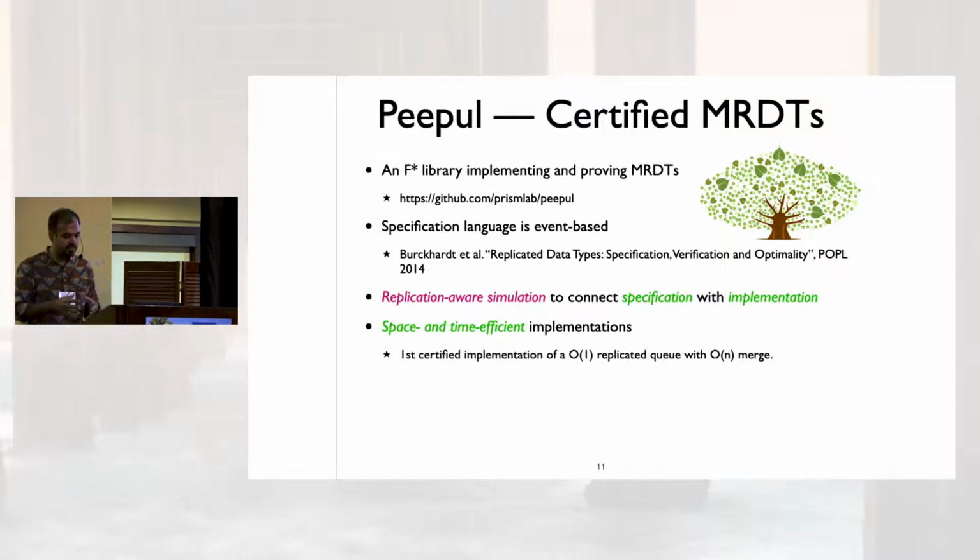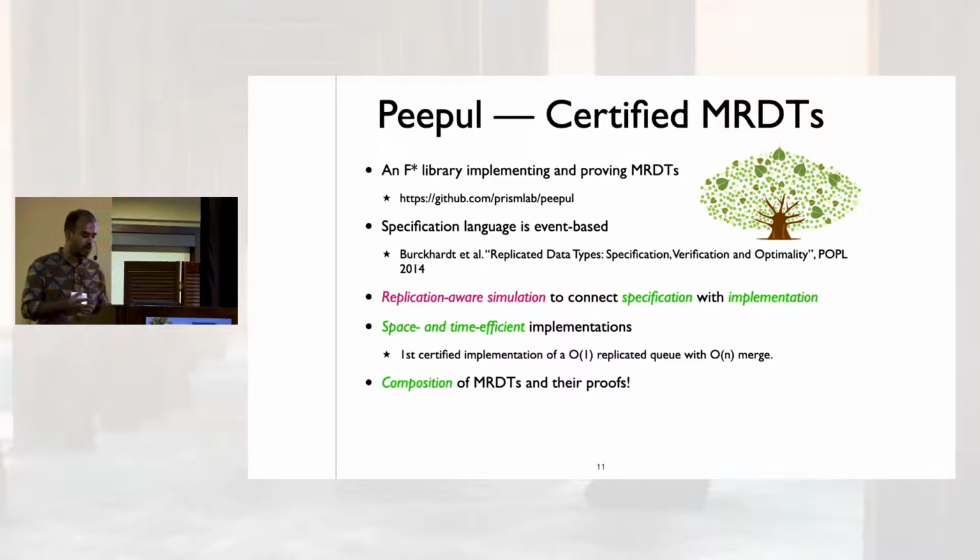The thing that we observe is that in local-first software, you really want to optimize for local operations because local operations far outnumber remote operations. So in our work, we focus on space and time-efficient implementations. In particular, we have the first certified implementation of a replicated queue that has constant time push and pop operations and a linear time merge.